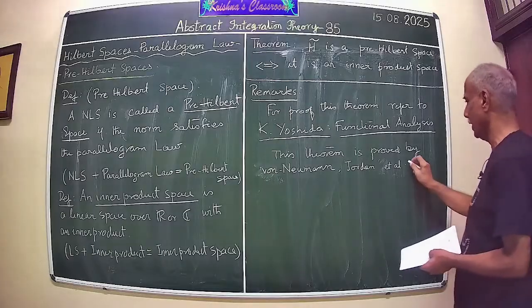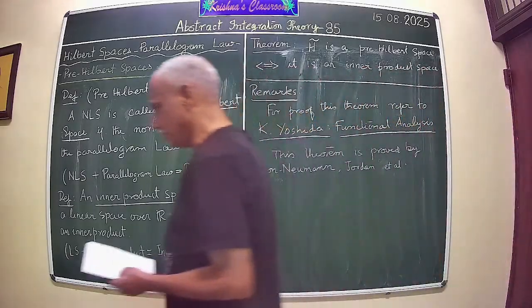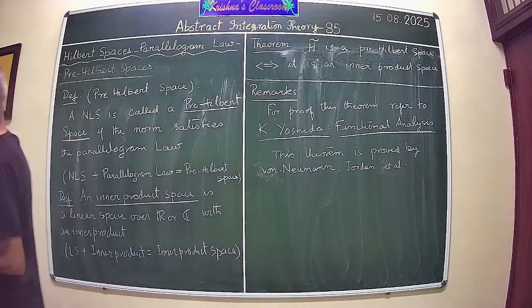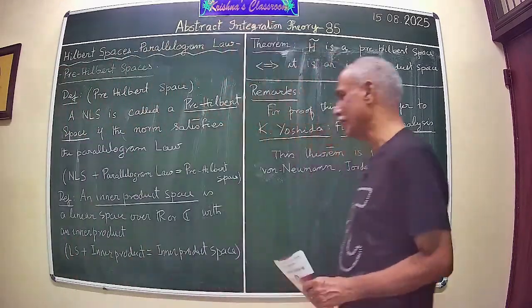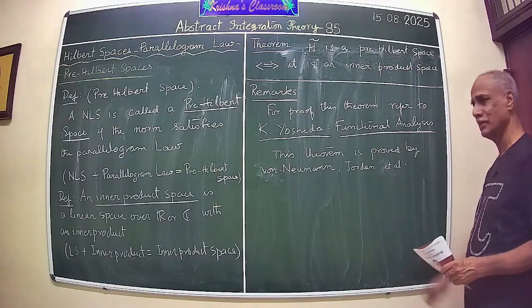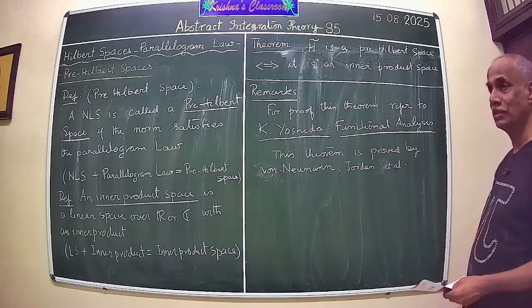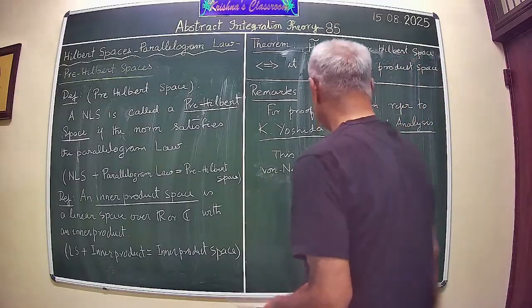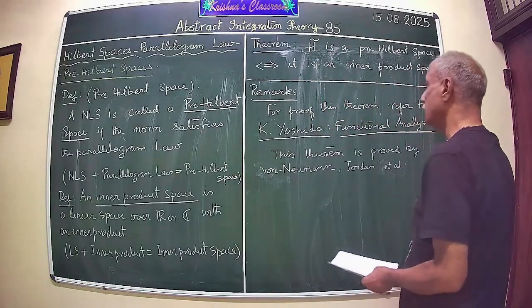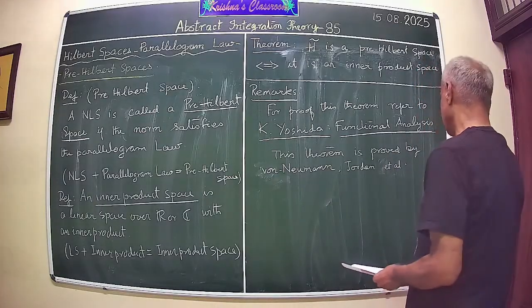So it's not a theorem that has been proved by any ordinary mathematicians. This has been proved by two great mathematicians or three great mathematicians. One more author is there, whose name I don't have, because unfortunately I don't have this in my hand right now. I could not get the information.